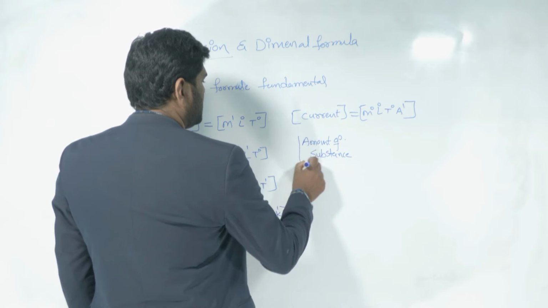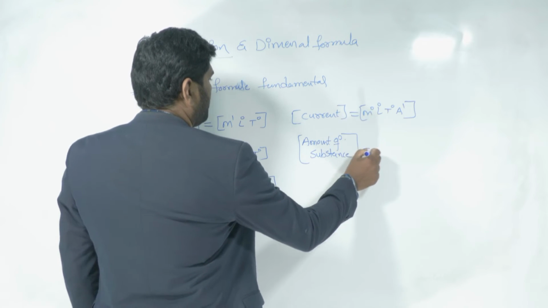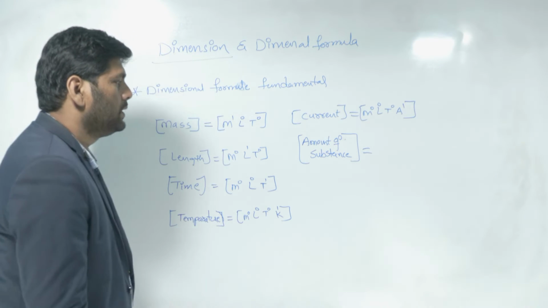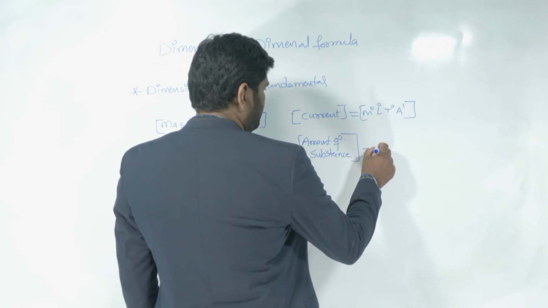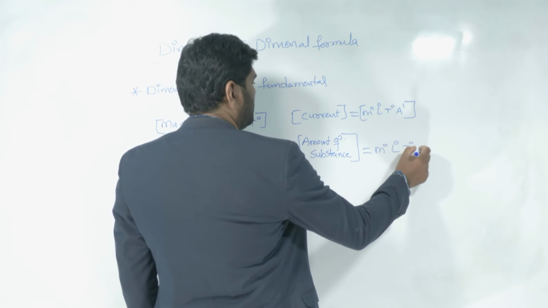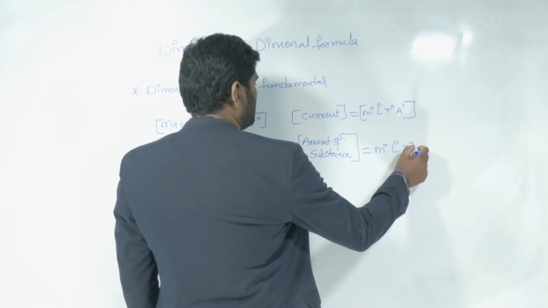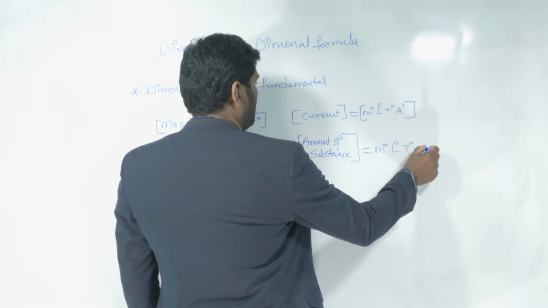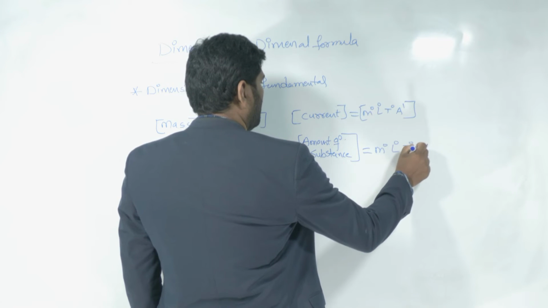Its dimensional formula is M power 0, L power 0, T power 0, and amount of substance, actually mole, power 1.